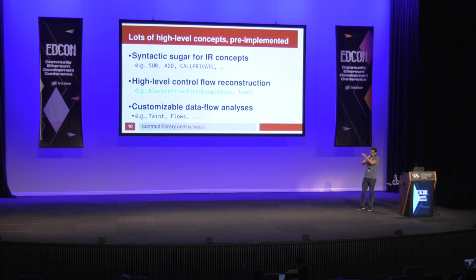You can also see that there's an instruction called private, and this is not something which appears at the EVM bytecode level. High-level control flow reconstruction lets you reconstruct the control flow, such as loops or if statements, and that's sometimes useful for security analysis. For example, for denial of service attacks, it's useful to reconstruct loops.